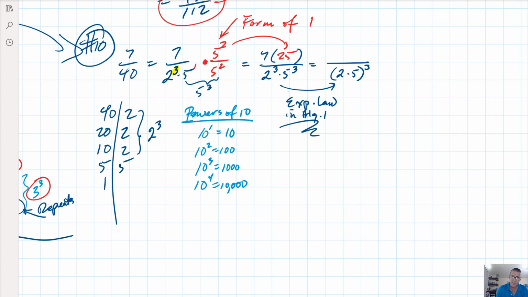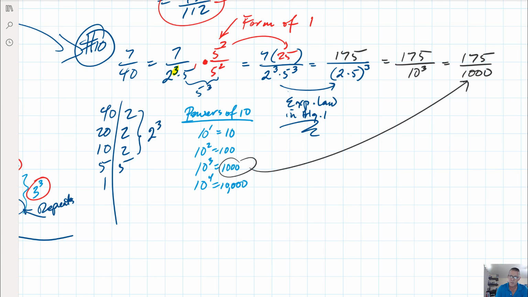Now 7 times 25, think 7 quarters, is 175. Just multiply up there. Then I have 175 divided by 10 cubed, and this is 175 divided by 1,000. Notice down here it's a power of 10. 10 cubed is 1,000.